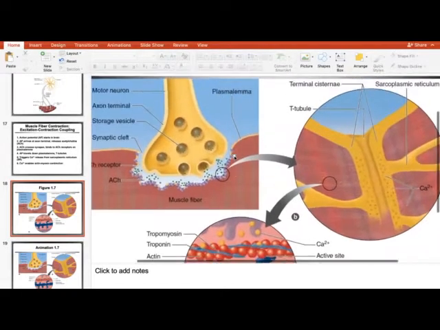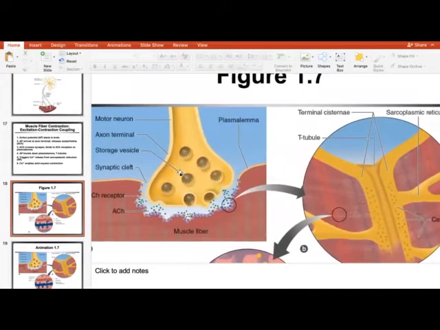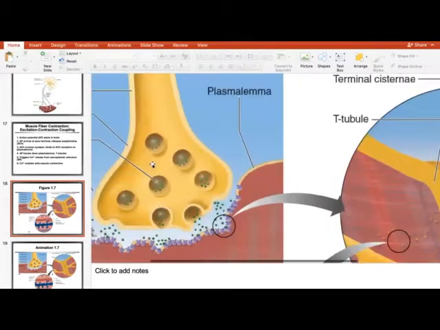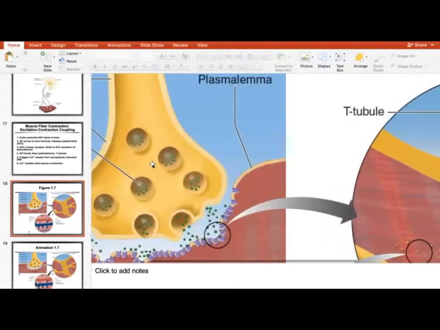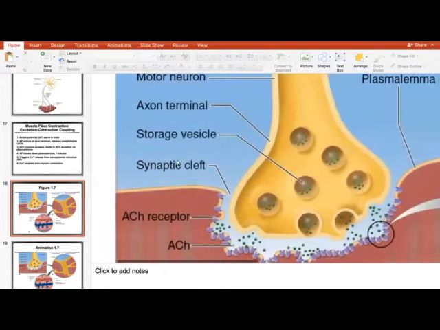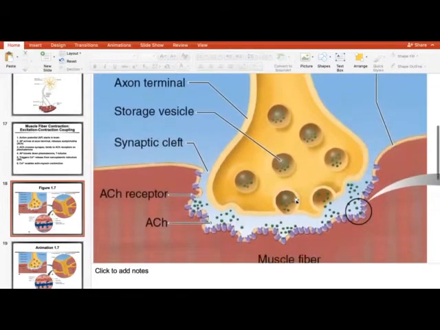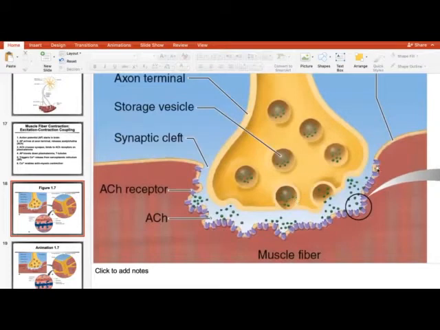And you'll notice on the muscle fiber, on the plasmalemma, there are these little purple things. Maybe if I can make it even bigger. You'll see these purple things here have this little shape to them. This is just a drawing. It's just a model, so I couldn't say that this is exactly what it looks like or whether or not they're purple. But you'll see this purple thing here has this little roundness cut out at the end.